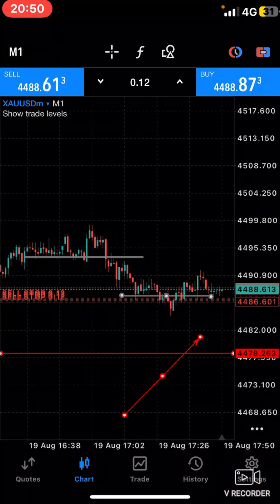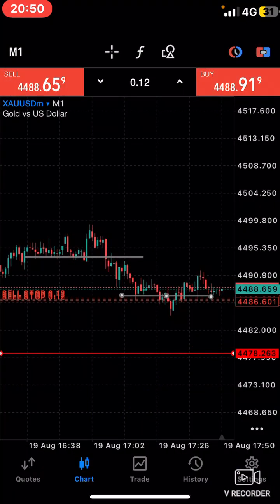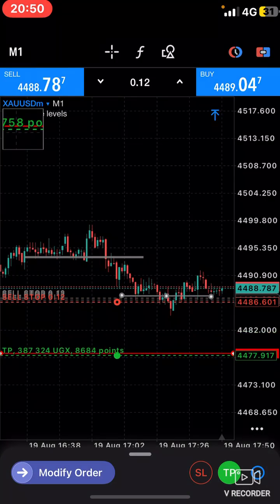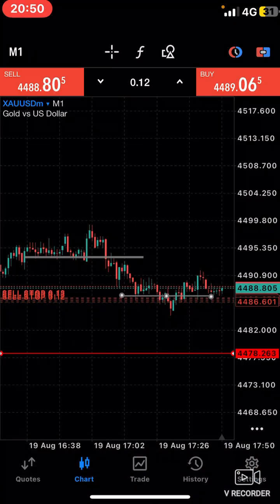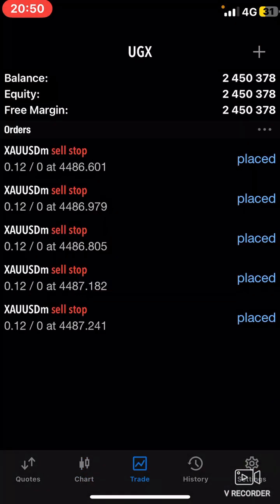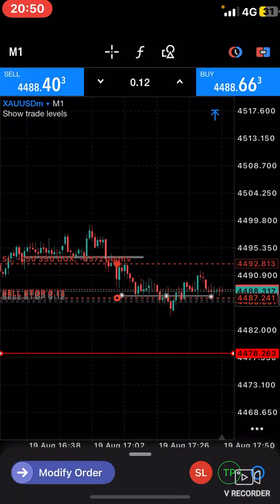So I'll be looking for sales until here. That's around 344k per position. If you have like 5 positions, let's say 1M, 1 2 3 4 5, so 5 times 3, and then the stop loss just above here.